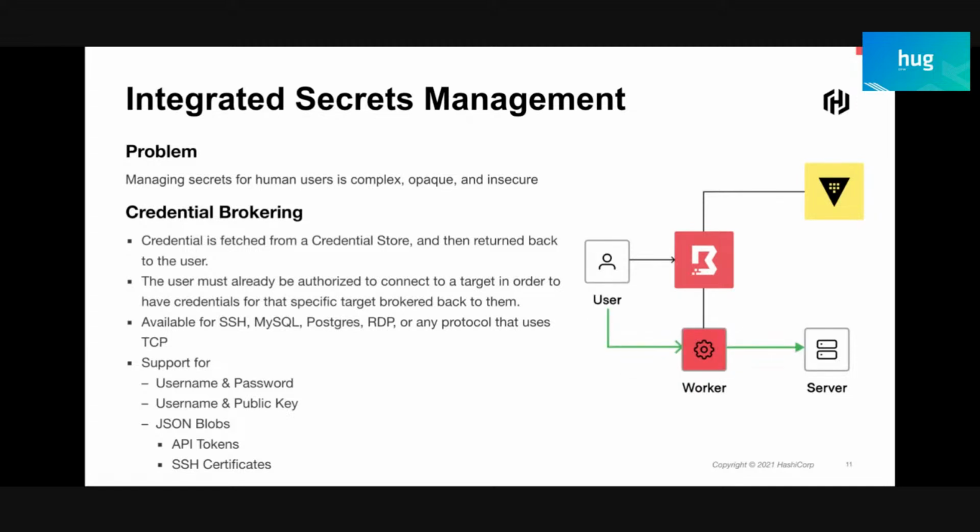And it does secure secrets management. Boundary offers native integration with HashiCorp Vault. It provides just-in-time credentials for privileged secret users and full auditability. It also includes built-in credential storage for simpler secrets management, kind of like static password and username credential storage.